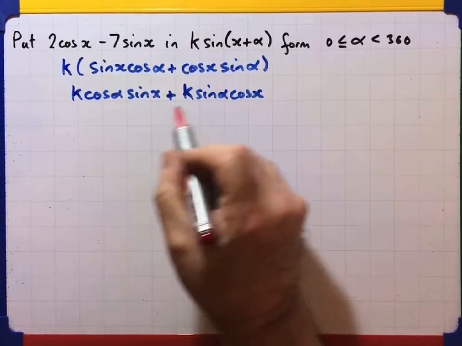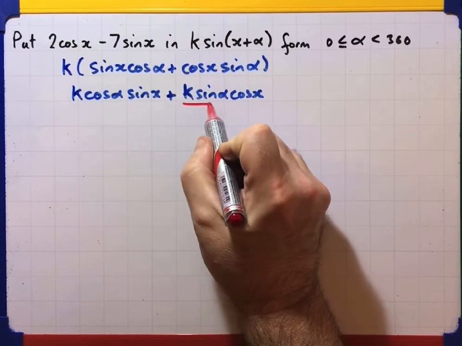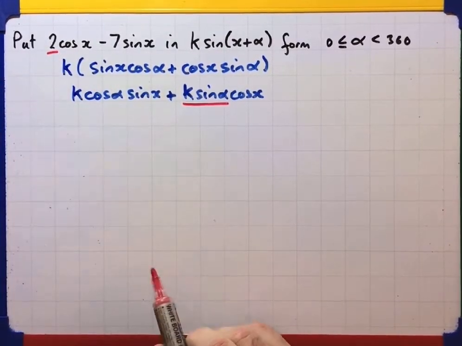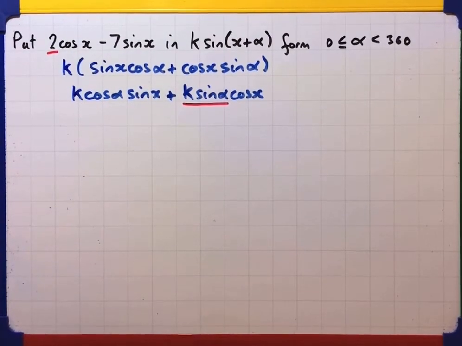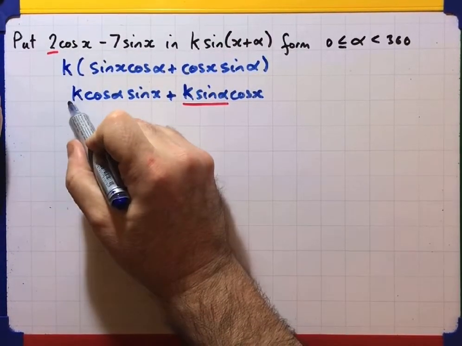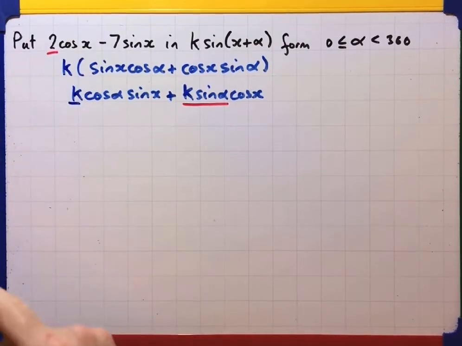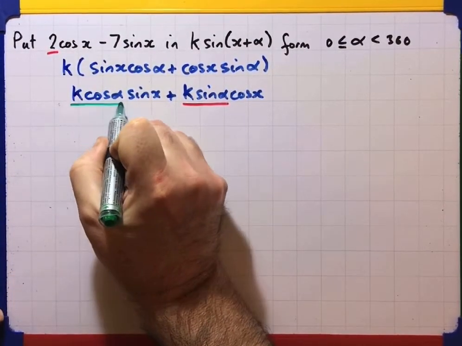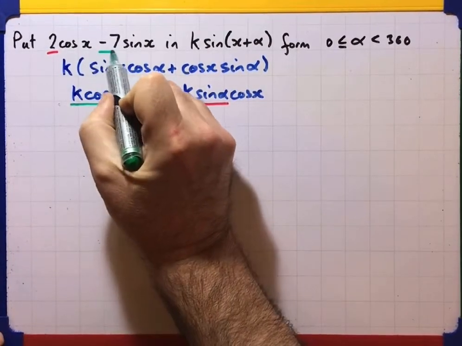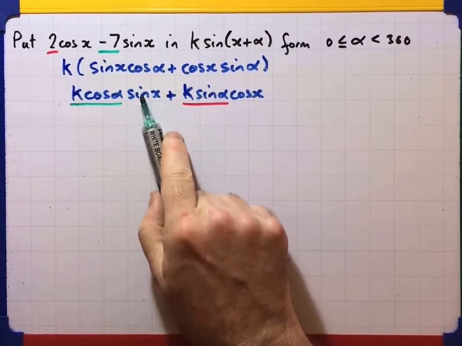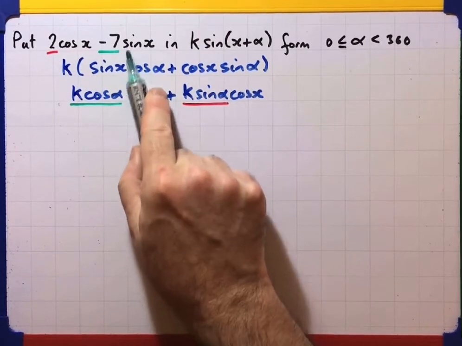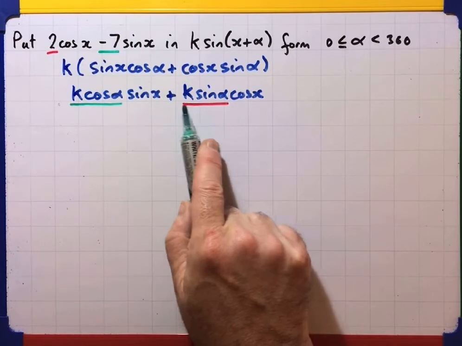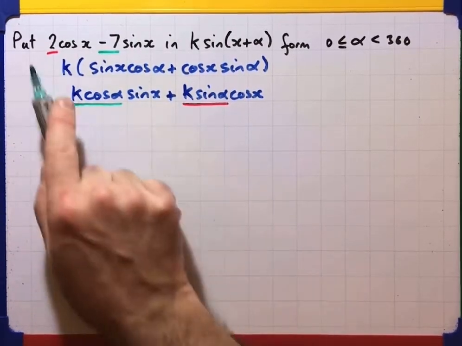So this time, the bit in front of the cos x is k sin alpha, and the bit in front of the sin x is k cos alpha. If you're comparing it, the bit in front of the sin x is minus 7, which is k cos alpha. The bit in front of the cos x is k sin alpha, and that's 2.